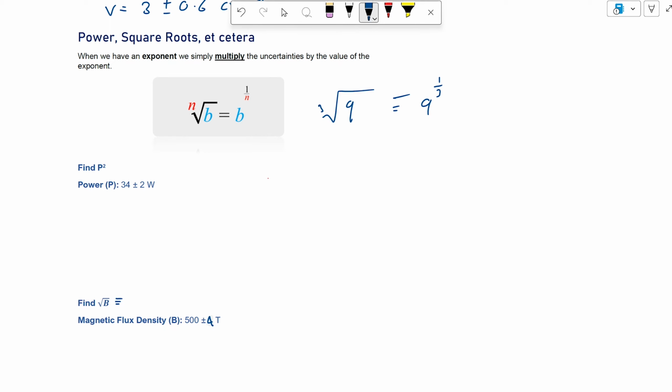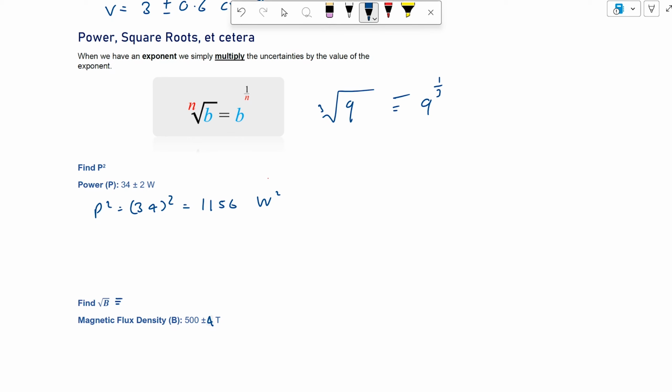Let's just get started on the questions that I have here. So we have power. We have to find the square of this power here. So let's just find that. P squared is equal to 34 squared is equal to 1156 watt square.